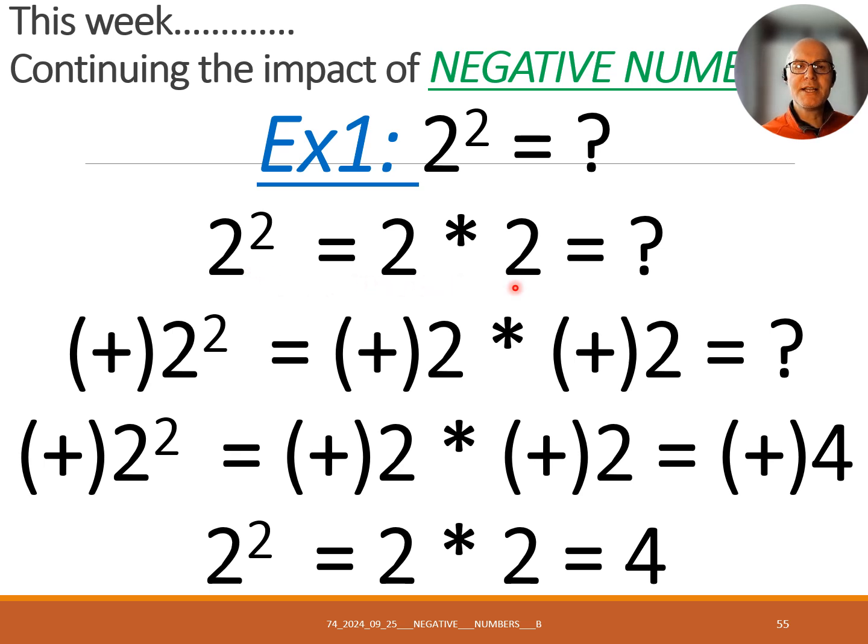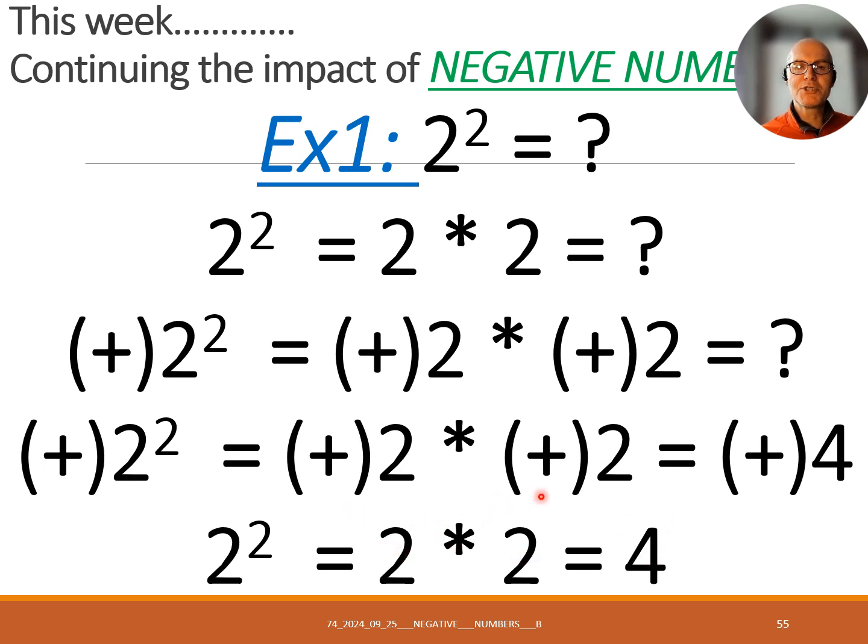Is that going to be a positive answer or a negative answer? Let's put the positive signs in. Positive 2 squared is positive 2 times positive 2. So we've got positive times a positive is going to be a positive answer. 2 squared is 2 times 2, which equals 4.